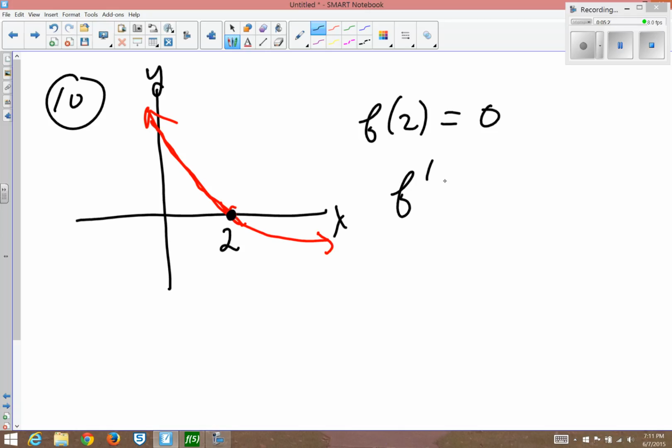The derivative of this function anywhere along the red part is less than 0 because this is a decreasing function. Any decreasing function has a derivative that's less than 0, negative slope, decreasing. Another way to say it is if we were to draw a tangent line at 2, the tangent line would have a negative slope.